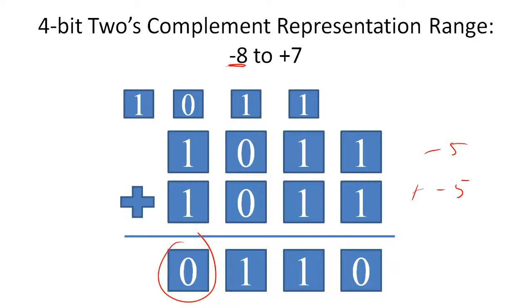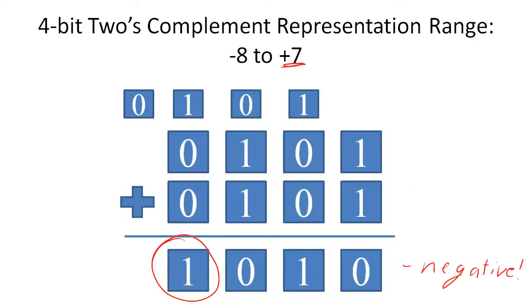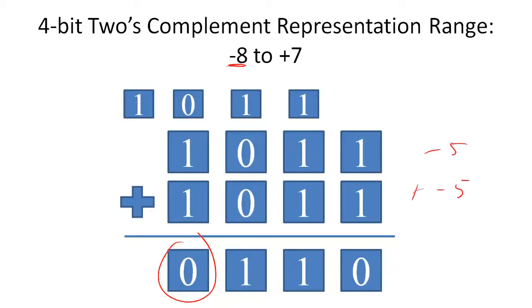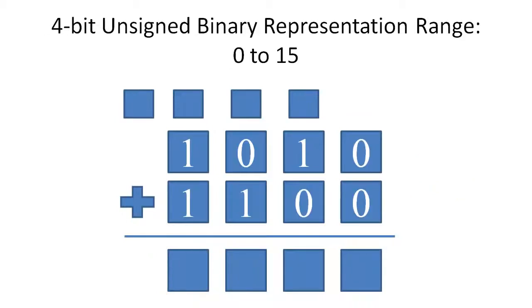As we just saw, when the magnitude of an addition operation in 2's complement representation was too great, the positive number was wrongfully interpreted as a negative number, and similarly for negative numbers being represented as positive numbers. In the same way, for unsigned binary addition, we can have overflow when the magnitude of the addition exceeds the representation limits.